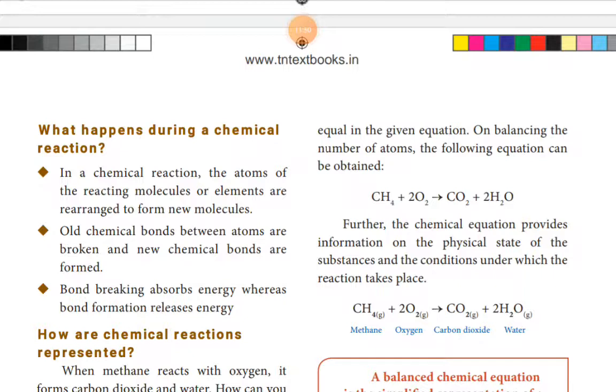The same thing is given here. That is, atoms of the reacting molecules or elements are rearranged, which means breaking to form a new chemical bond. So, the reactants' atoms are rearranged to form a new product, a new molecule.